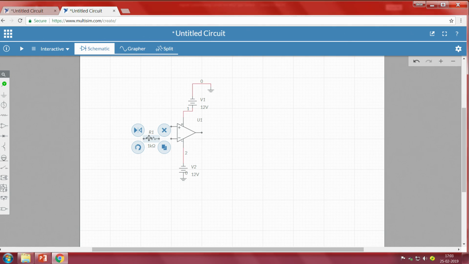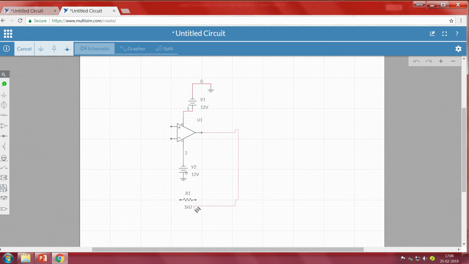So let's have my R1 resistor in the feedback loop. And then we had the R2 resistor.